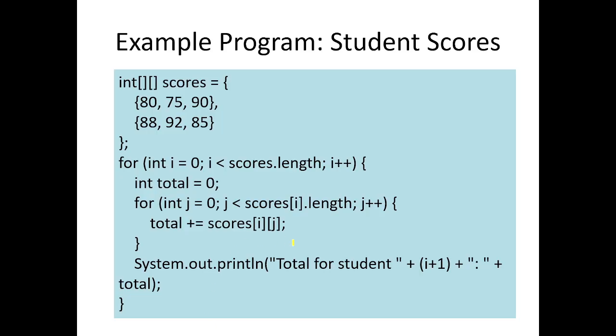Yes. Where is it? It is in the outer loop, score dot length. Outer loop here refers to which part, row or column? Referring to row. Okay, this one is row. Inner loop, column. Alright.